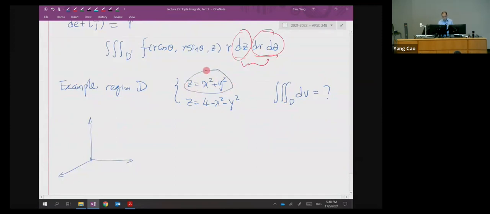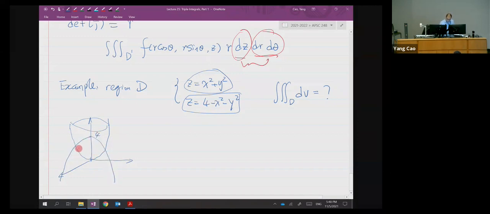When you look at the first one, you know exactly, okay, this gives me a parabola pointing up. And the second one should give me a parabola pointing down. Because of the 4 right here, the top of the parabola is at z equal to 4, right? So you can draw a parabola pointing down, and here's 4.